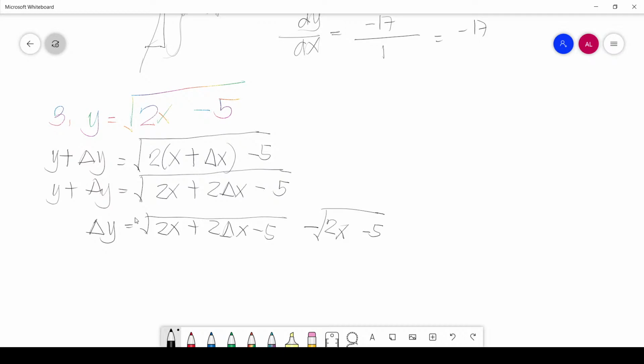So, how do we perform that? We multiply by the conjugate. The conjugate is the same, pero different ang operation. Bali, from minus, this is plus, then 2x minus 5.